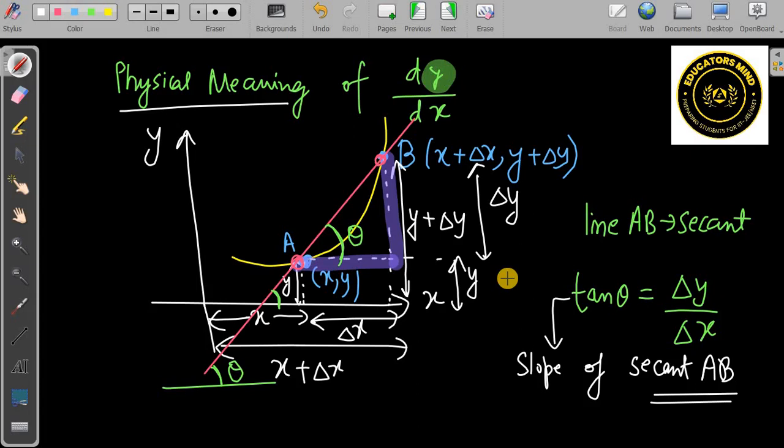Now let us understand what will happen if delta x is going to be very, very small. Delta x tends to 0, we will apply the limit on this ratio delta y by delta x. That means the two points A and B are going to be so close to each other that they will merge into a single point.